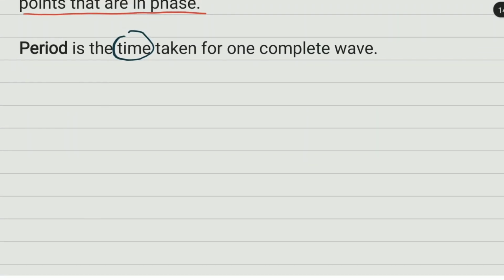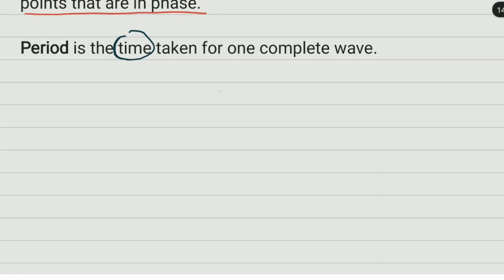The symbol for period is capital T, but the actual letter is the Greek letter tau. However, if you substitute T it is also fine. The SI unit is the second, because it's a measure of time.